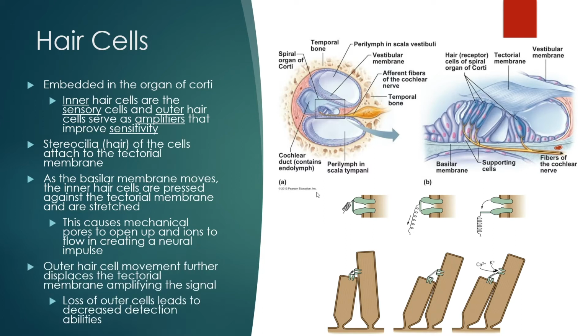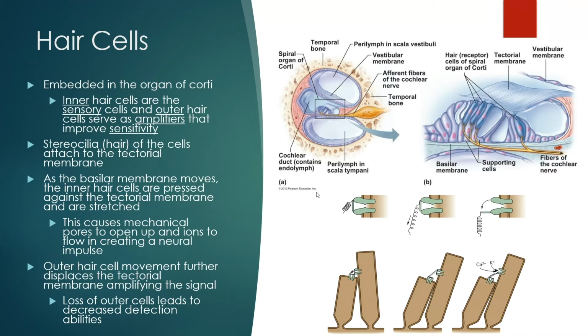The outer hair cells, these ones up here on top, they're also attached to the tectorial membrane. And as this basilar membrane is being moved and waved, they're actually adding more motion into the tectorial membrane so that it pushes down on the inner hair cells even more. And that's how it's amplifying the signal.